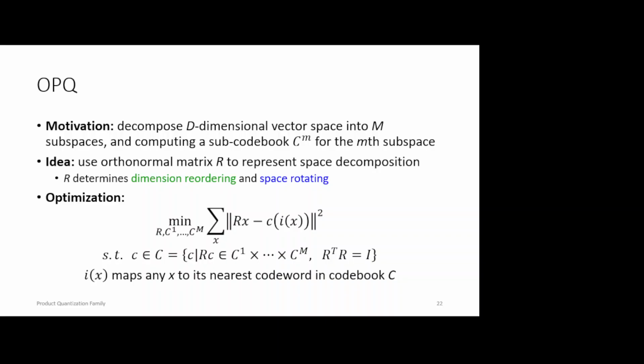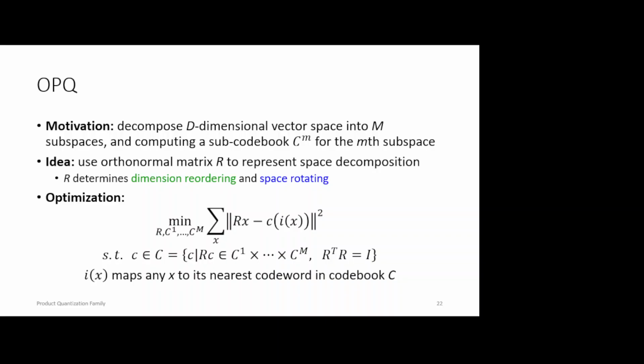Here you see we want to minimize this error. R is the rotation matrix, and C is some table in your codebook.